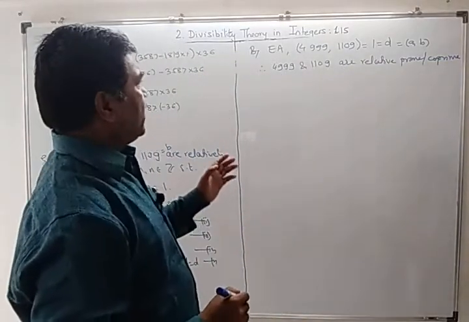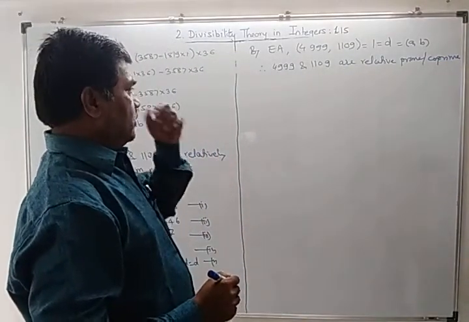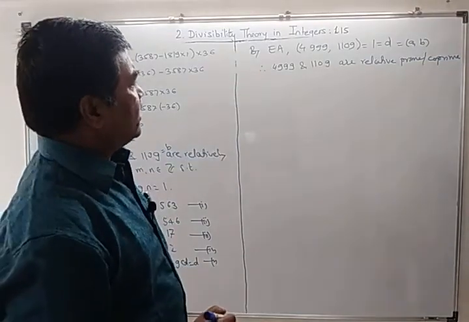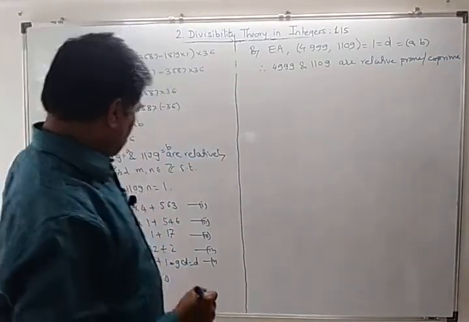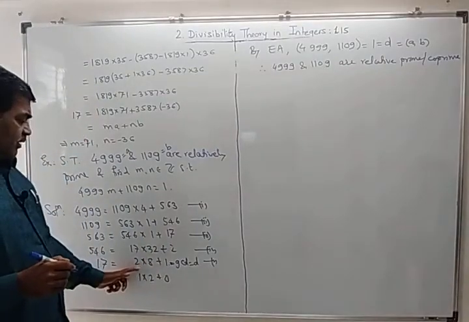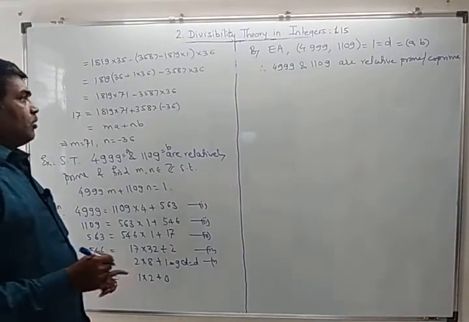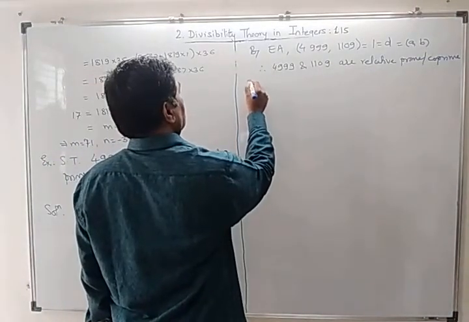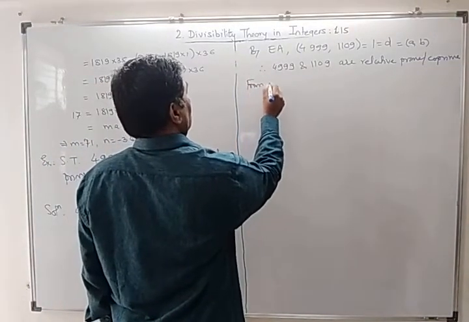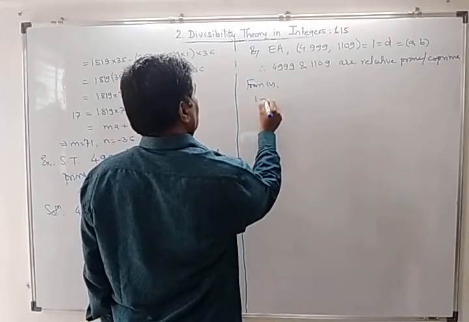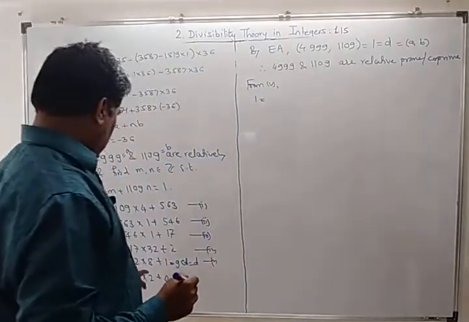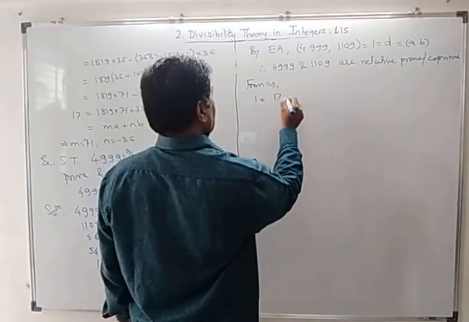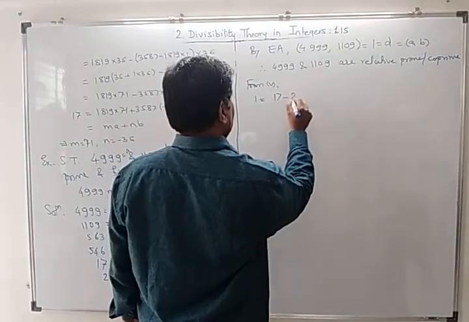Now we'll find the values of M and N such that the linear combination of them is D. Okay. So for this we'll use the second last equation. So from 5, 1 is equal to 17 minus 2 into 8.